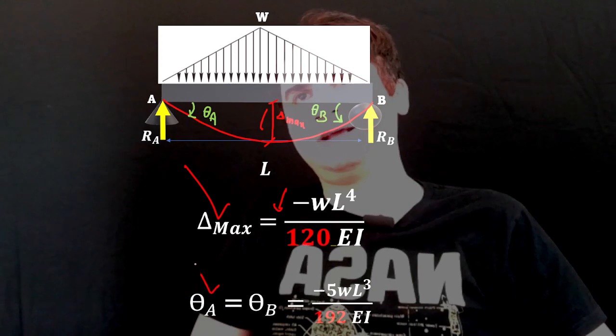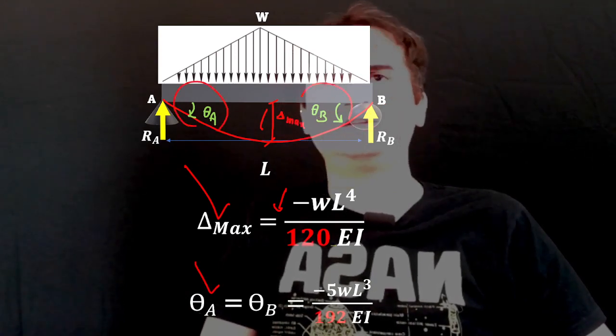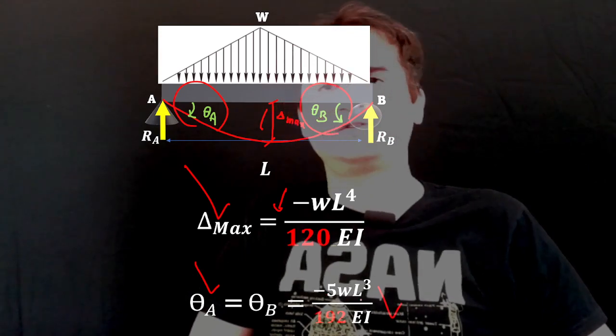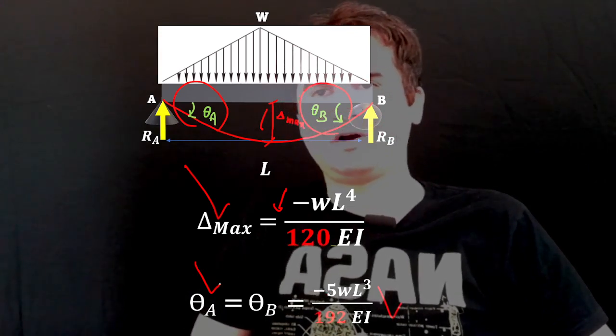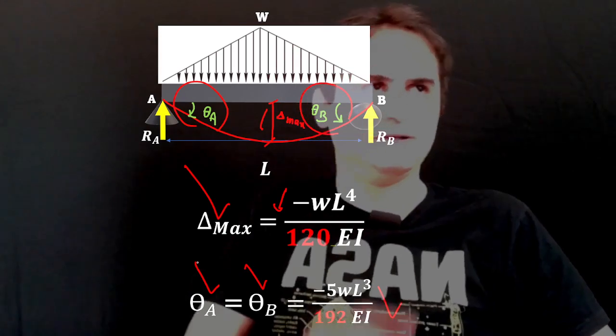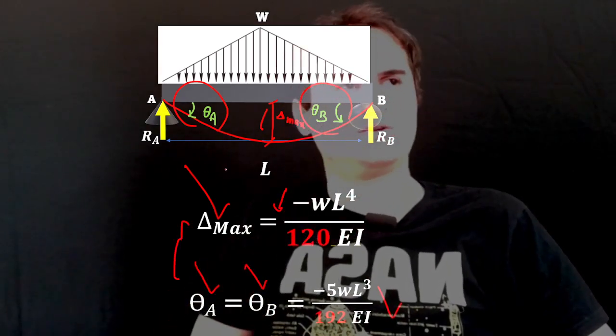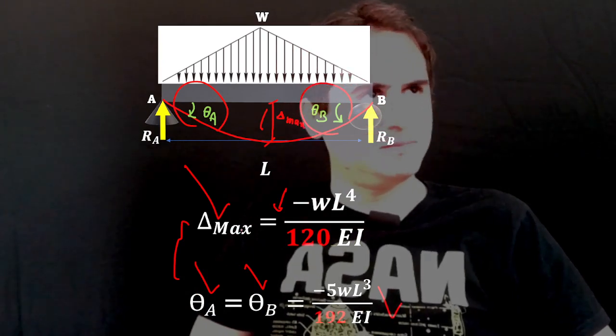Theta at A, which equals theta at B in magnitude, is negative 5 WL cubed over 192 EI, again from replacement in the theta equation. This is the most common method, integration.